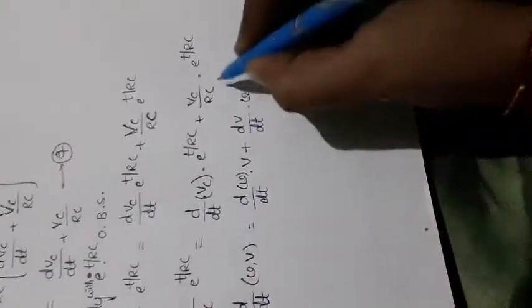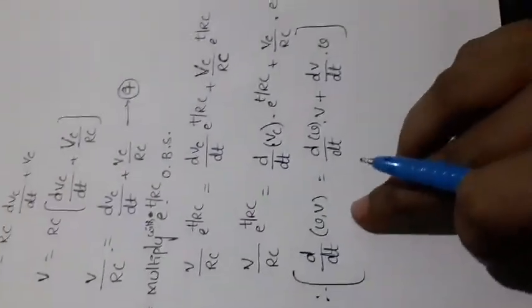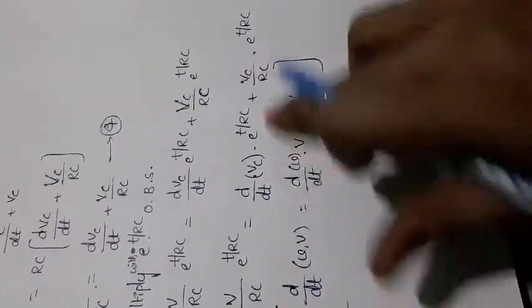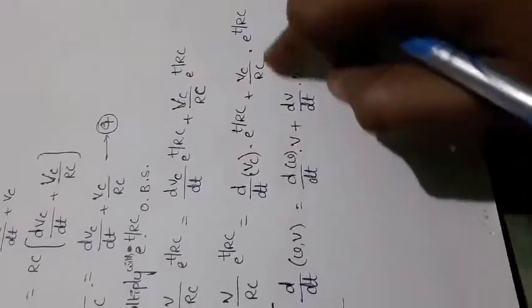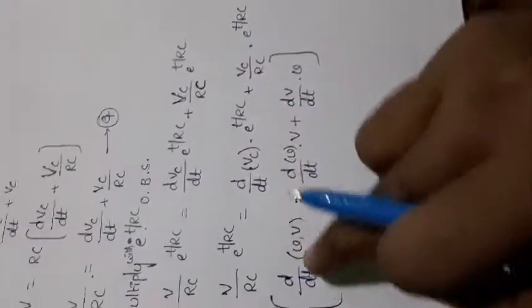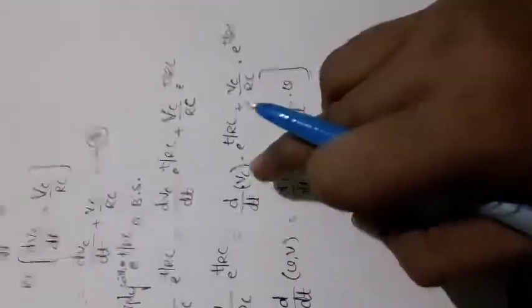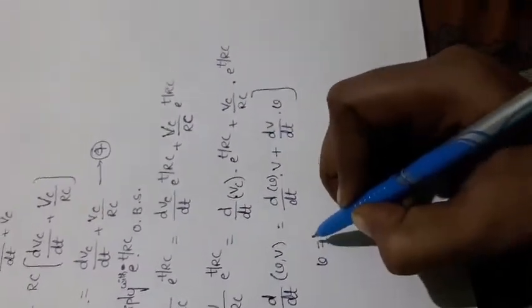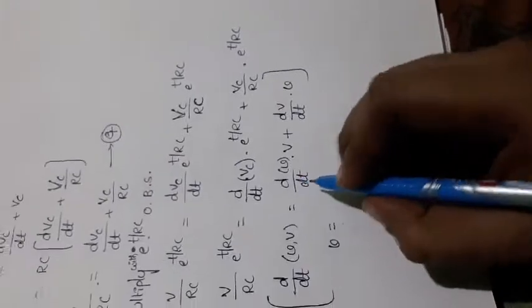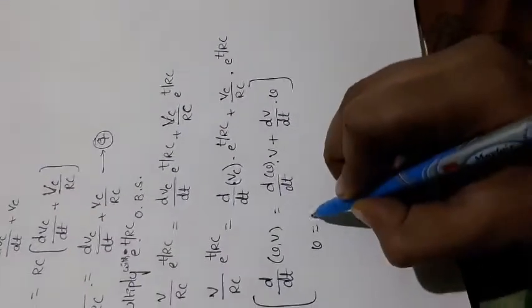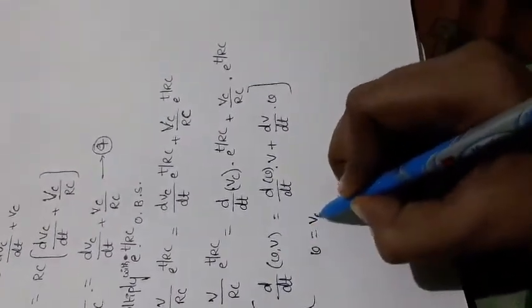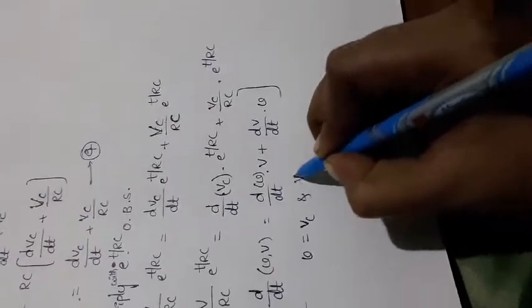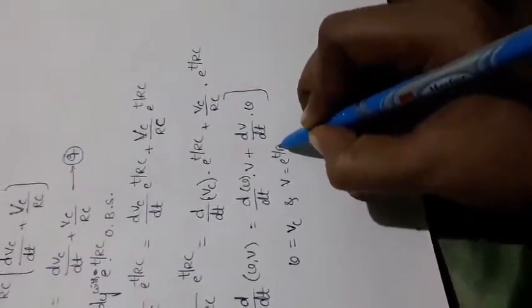This is one of the standard formulas in mathematics. The right side of our equation is in the form of this differentiation of uv formula. Just observe: if we consider u as Vc and v as e power t by Rc.